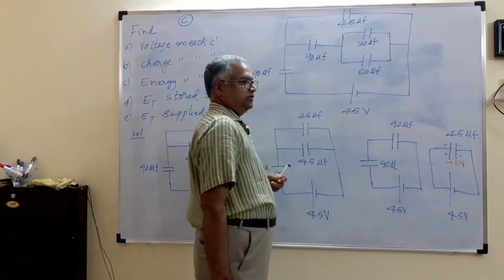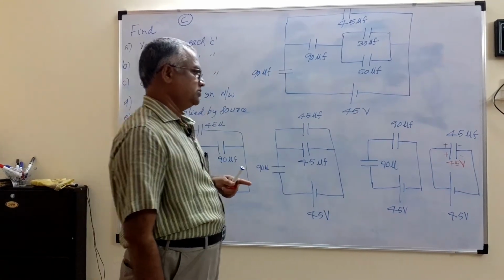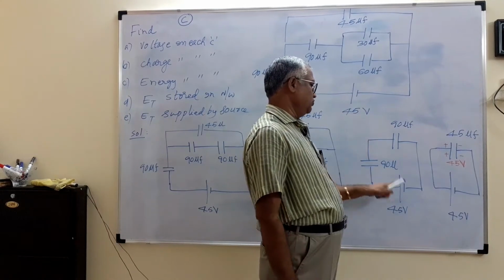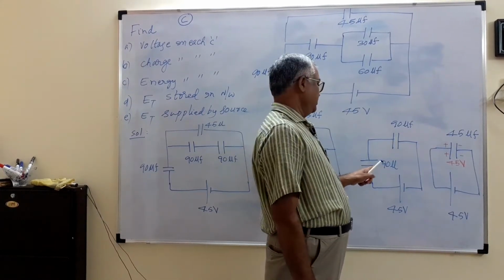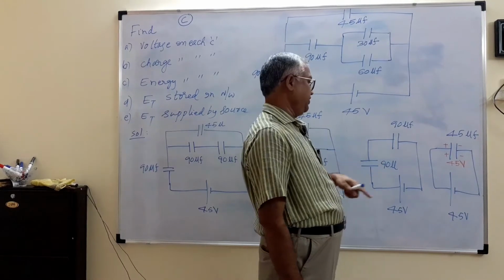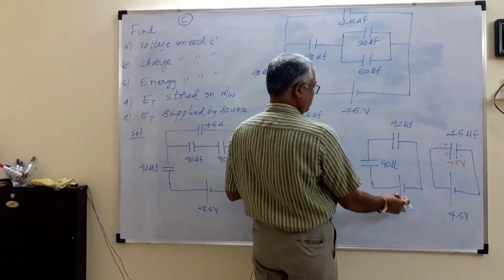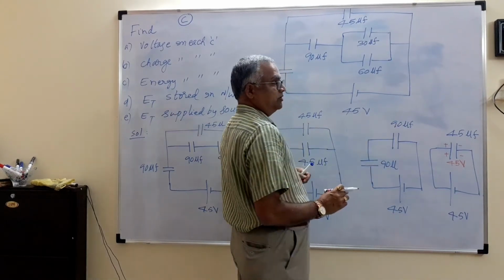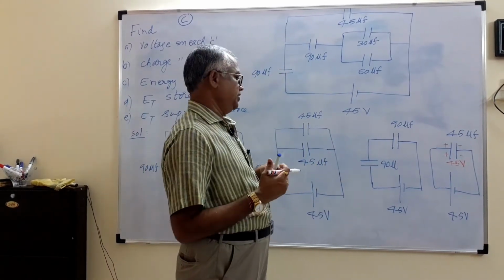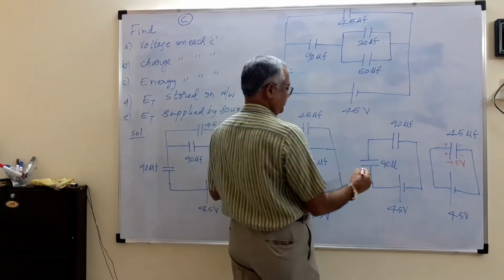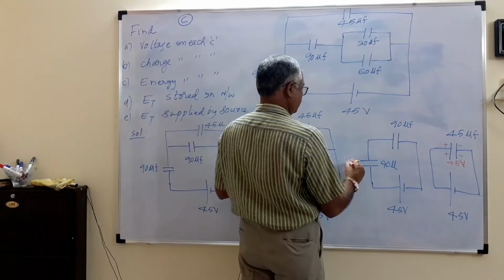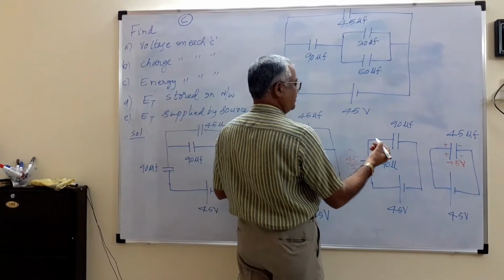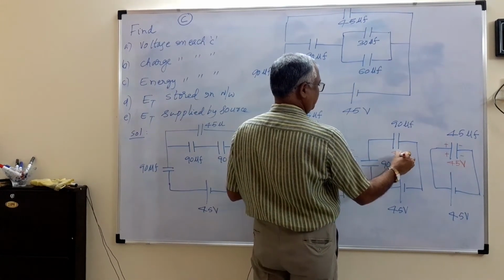What are the properties? Capacitors in series: charge same but voltage divides. These two are equal, 90 microfarads, so both capacitors divide the applied voltage equally. So voltage here is 45 by 2, and voltage here also 45 by 2.